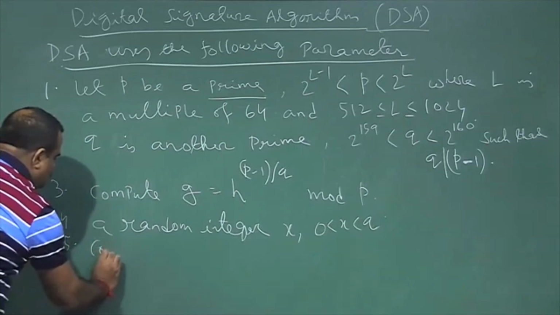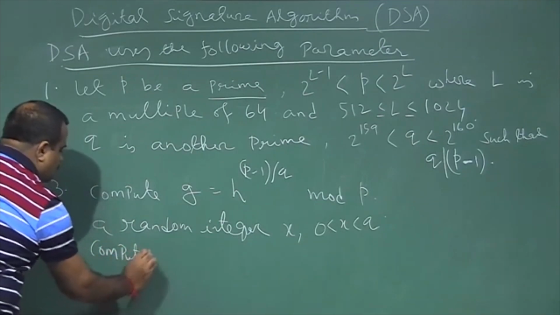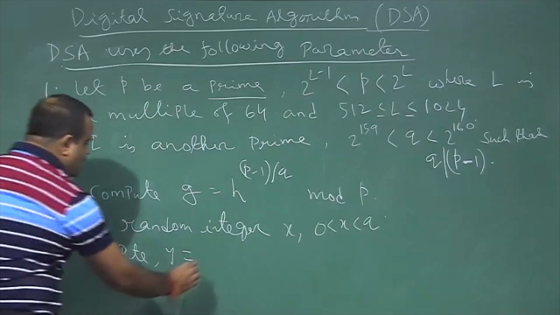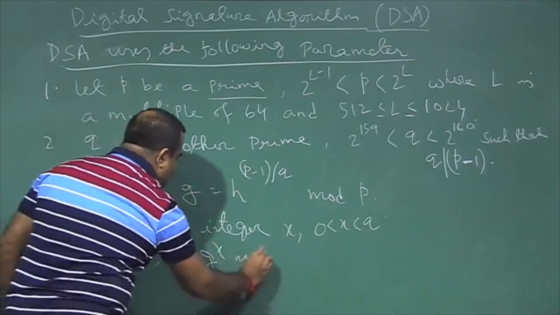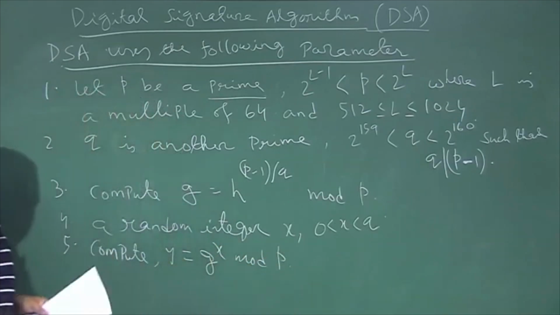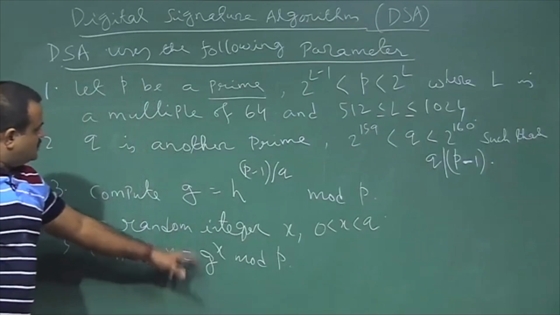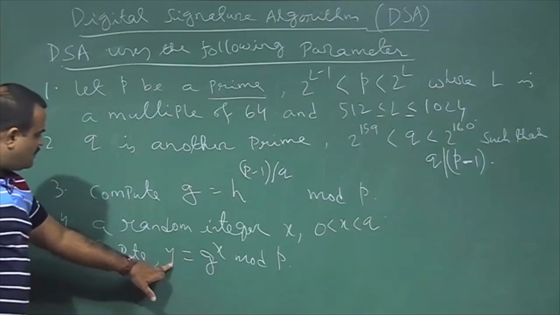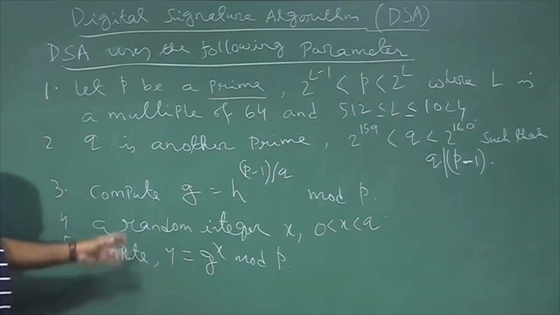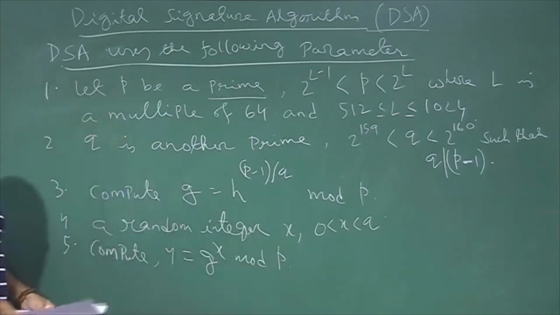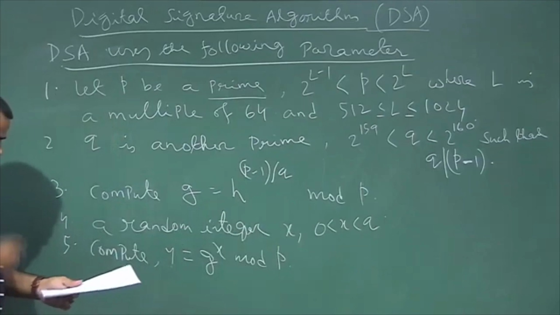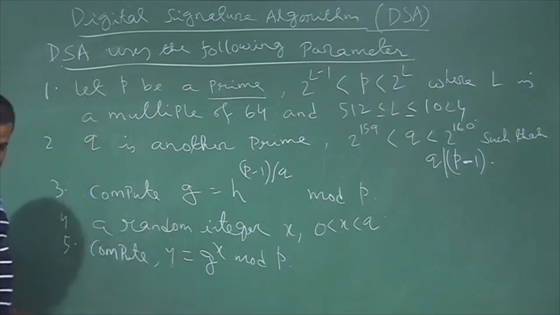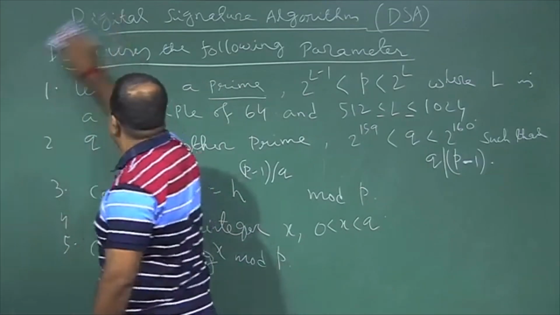We compute y equal to g to the power x mod p. We know g, so we can compute g to the power x mod p, and this y will be the public parameter of the individual and x will be the private parameter of the individual. Okay, so now let us just erase this.